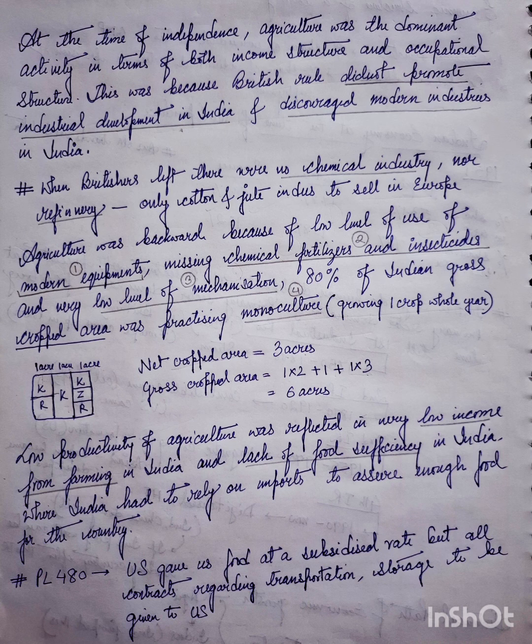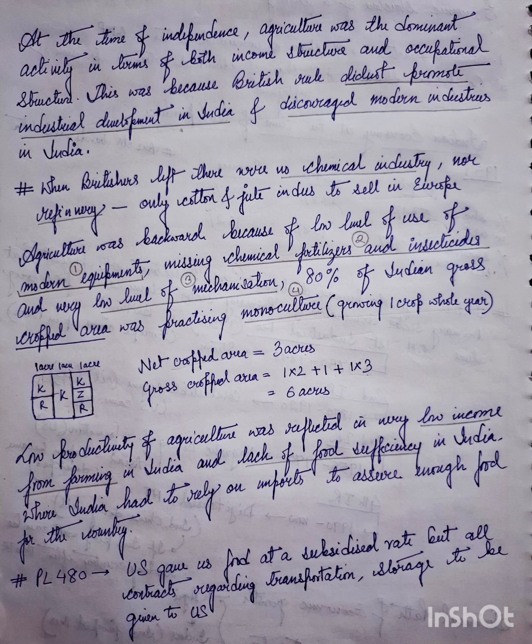Now, what is monoculture? Monoculture is growing one crop throughout the whole year. As we know, there are three farming seasons in India: Rabi, Kharif, and Zaid. If you see the small diagram, I have shown 3 acres of land divided into 1 acre each.